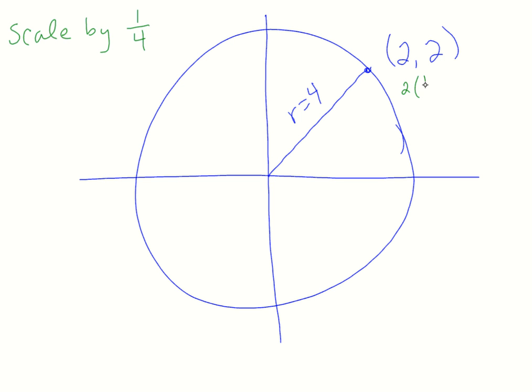So I'd go 2 times 1/4, that's 1/2, that's my new x. And then y is the same value, so it would be 1/2 as well. And that would change this r to 4 times 1/4, or 1.